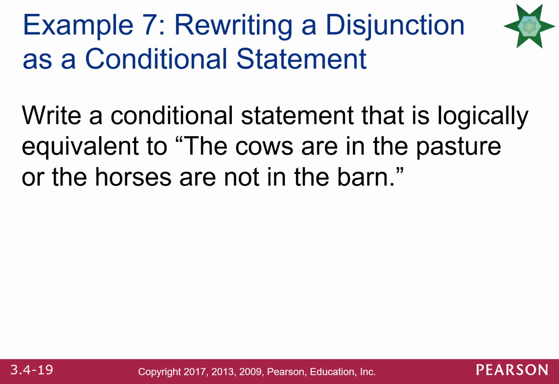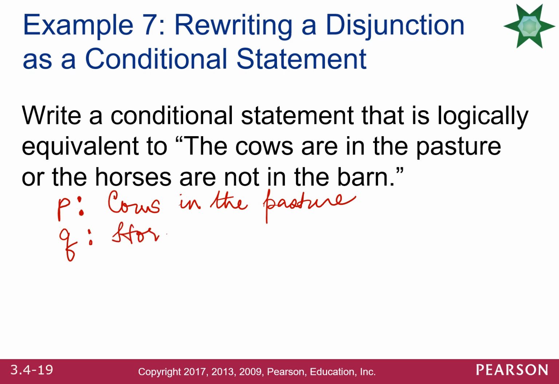So it says here the cows are in the pasture or the horses are not in the barn. Let's first break the compound statement into two simple statements. I'm going to name P as cows in the pasture, and Q as horses are in the barn, correct? So when we write the given statement in symbolic form, the cows are in the pasture or the horses.